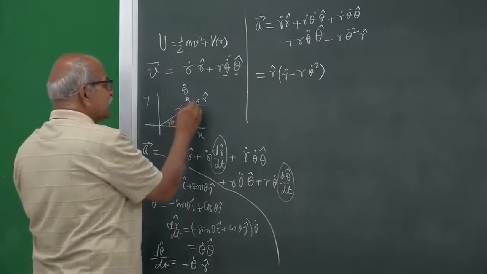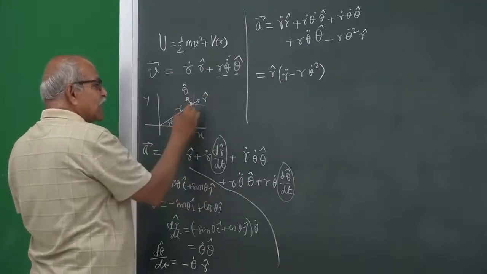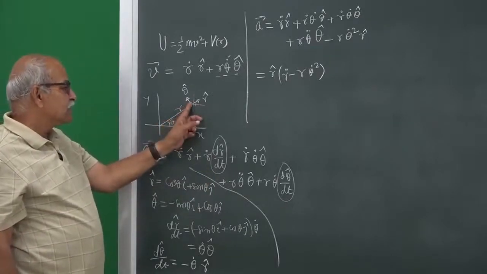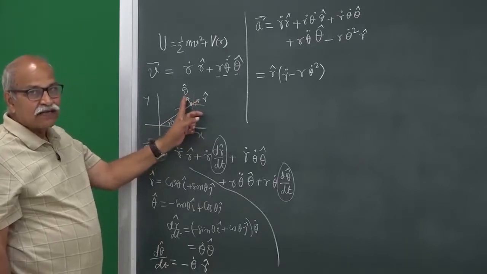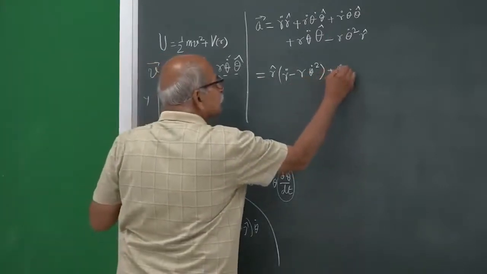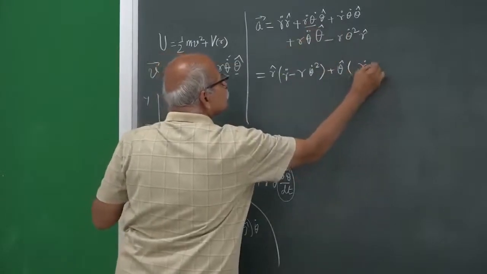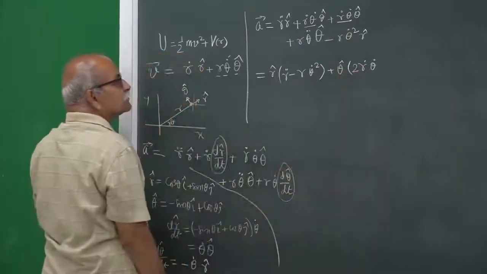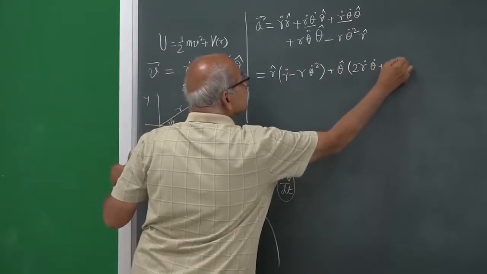So, if the particle is here, is moving in some way with some velocity on some path, and you ask what is the acceleration of the particle, you can decompose it in two components, in r cap direction and in theta cap direction. So, that r cap component will be this, and the theta cap component will be from here r dot theta dot, then from here again r dot theta dot, and from here r theta double dot.